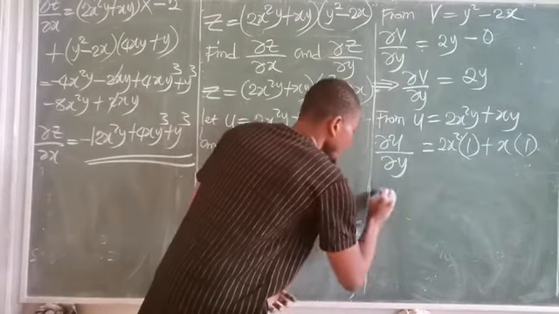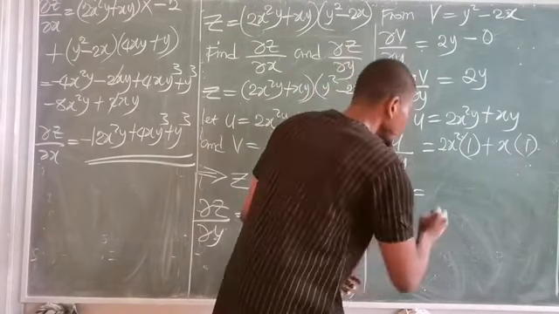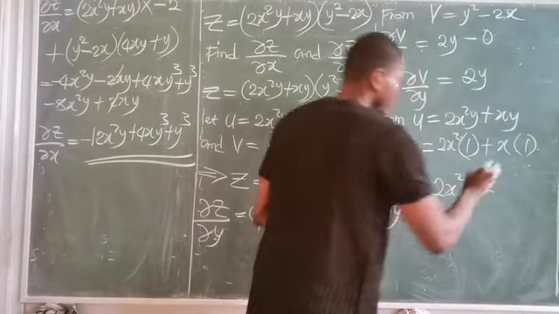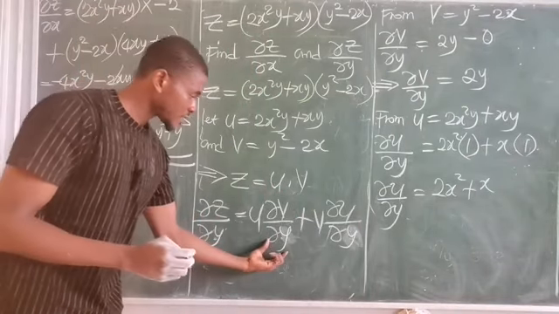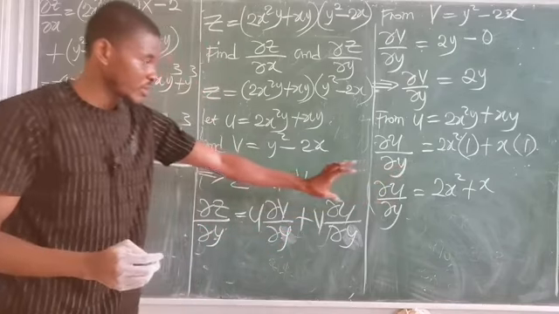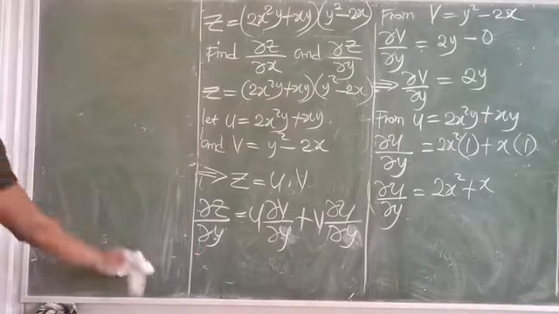So this becomes partial u partial y equal to 2x squared plus x. So this side of the equation is solved and this is solved. Next thing to do is simply plug those values into the formula and then you obtain your derivative.